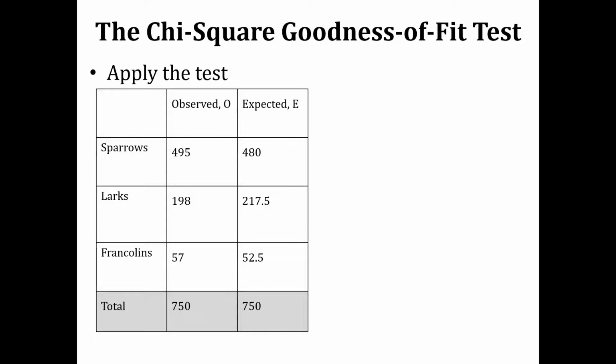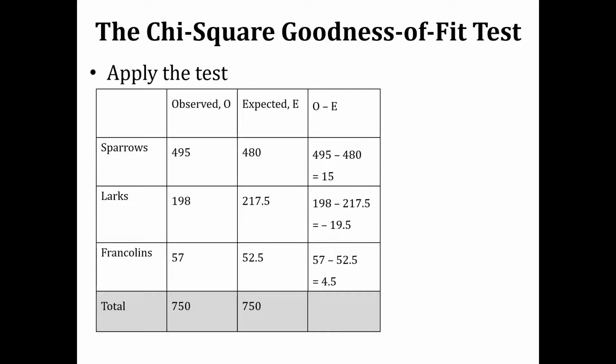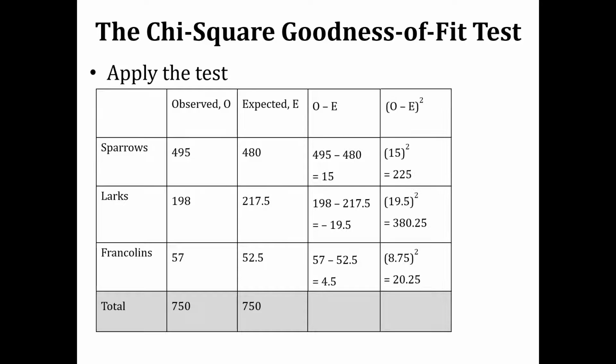Now we have to apply the test. This is our chi-square calculation table, with the observed frequencies and the expected frequencies, and you can see that their sums are equal. Then the difference between the observed and expected frequencies is 15 for sparrows, 19.5 for larks, and 4.5 for francolins. Again, you have to ignore the minus sign because we are going to take the square of this difference in the next column.